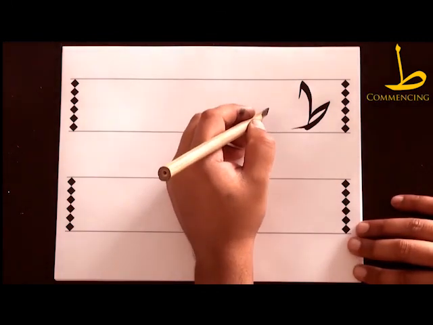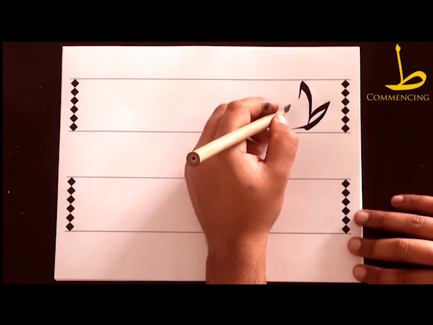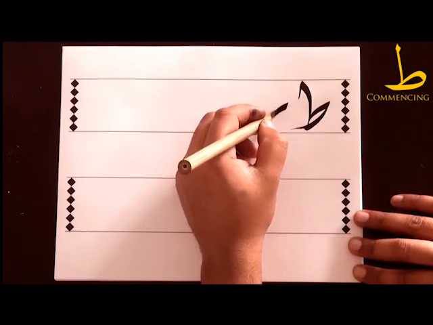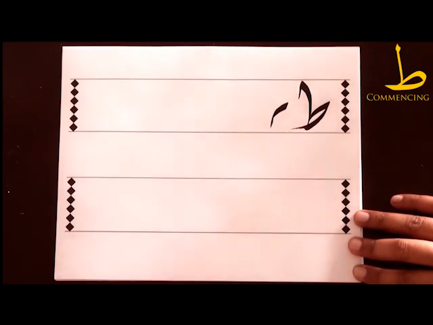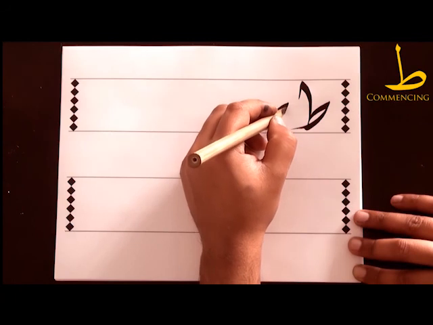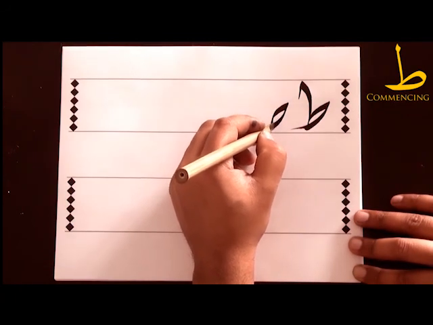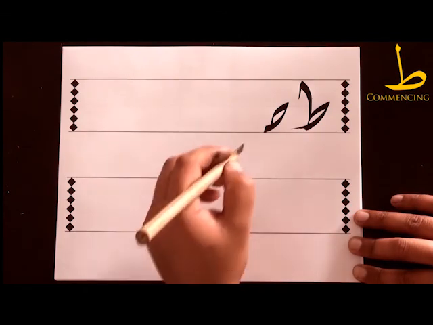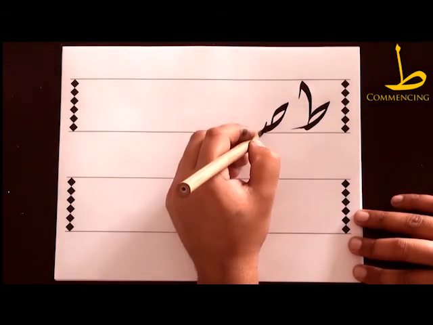When ta appears in the beginning of a module, it would look almost identical, except that the initial loop would not end with a flick, but would actually be continued on. Just like that.